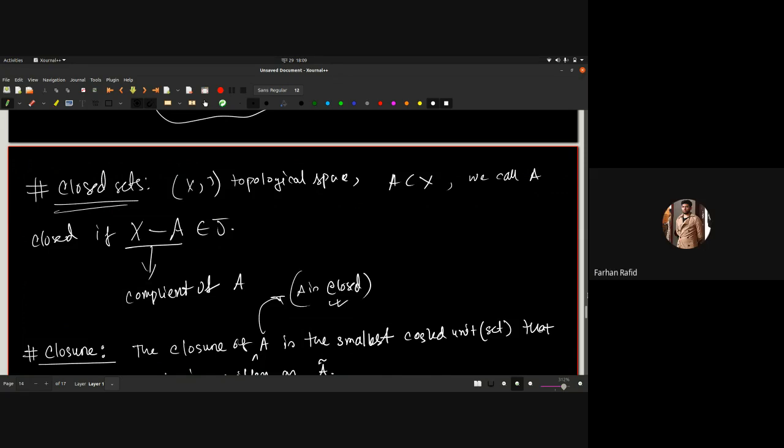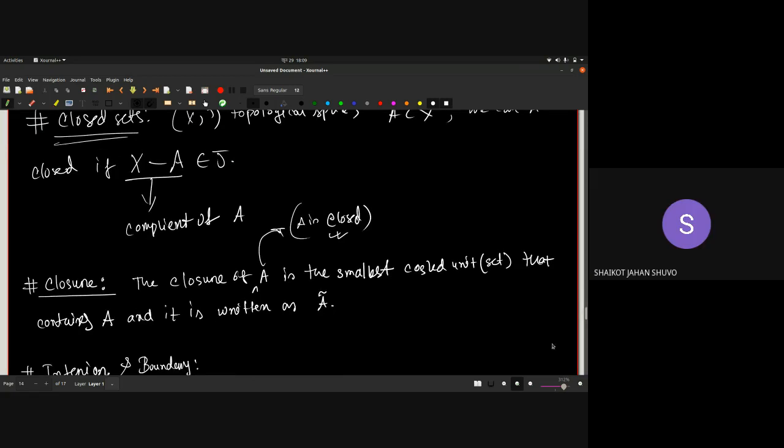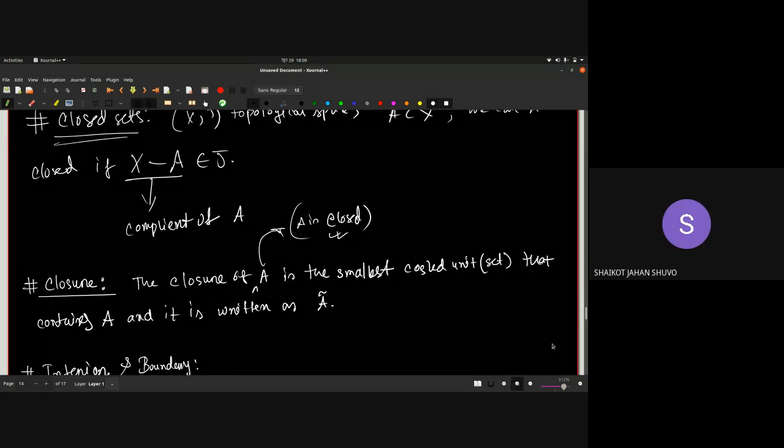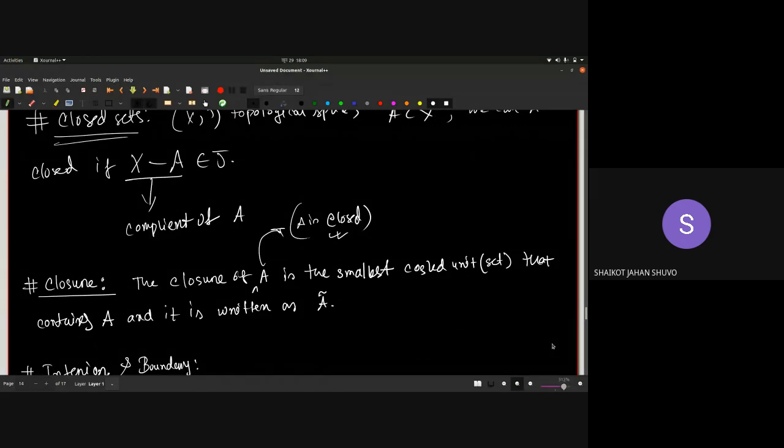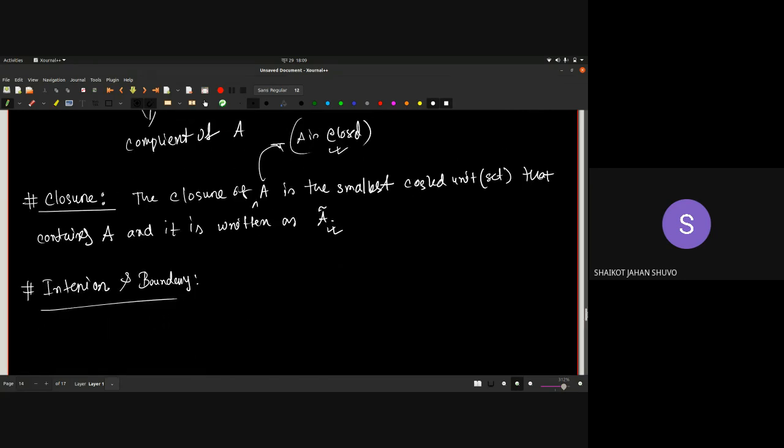Yes, sir. And what is closure? I didn't get that. It's the smallest unit of A that is closed, and it contains A, and it is denoted with some A tilde. People write it like that. Does the closure have to be unique?